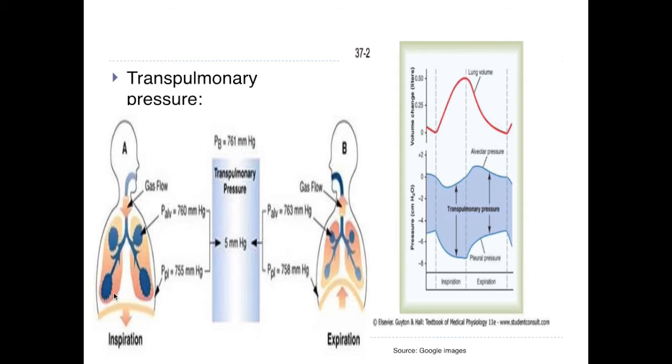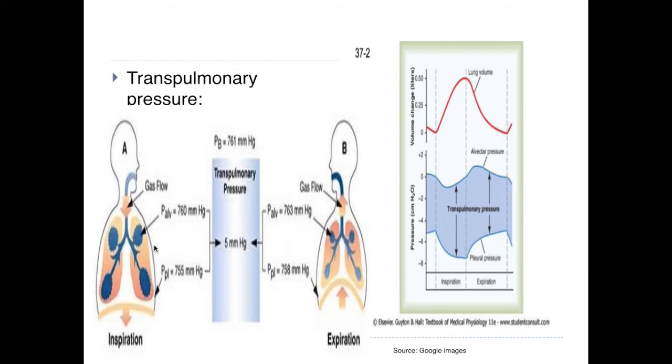So the difference is 2.5 centimeter of water. So this difference of intrapleural and intrapulmonary pressure, which is known as transpulmonary pressure, is less at the bases than the apices. So the bases of the lungs are less expandable.